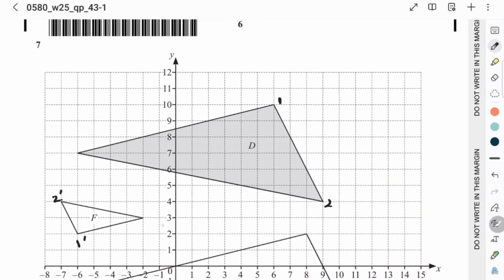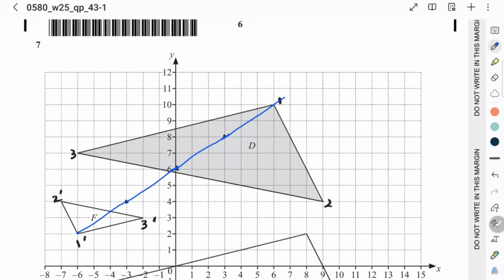So this is going toward the bigger one, so this is 3 and 3 prime. Join all the lines and check that wherever the lines intersect, that will be the center. I'm joining the line. Use a ruler and join the points. I just connected point 1 to 1 prime.